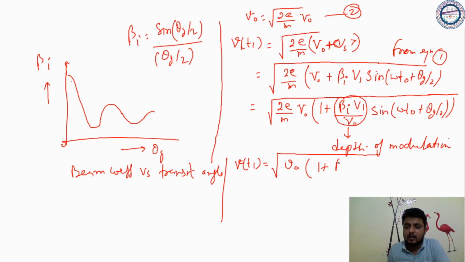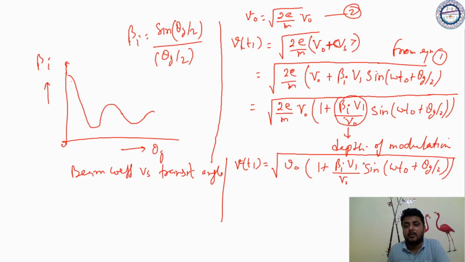So this factor, depth of modulation, is beta I V1 by V naught into sine(omega T naught plus theta G by 2). This term can be either 1 plus something or 1 minus something. It depends on whether your velocity is accelerated or decelerated. If this is plus, that means the velocity is accelerated. If this is minus, that means your velocity is decelerated. So that depends on the signal you are applying.